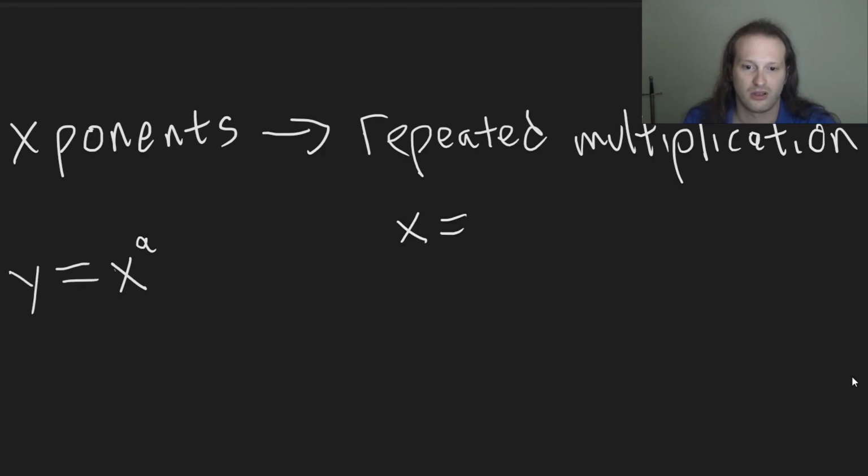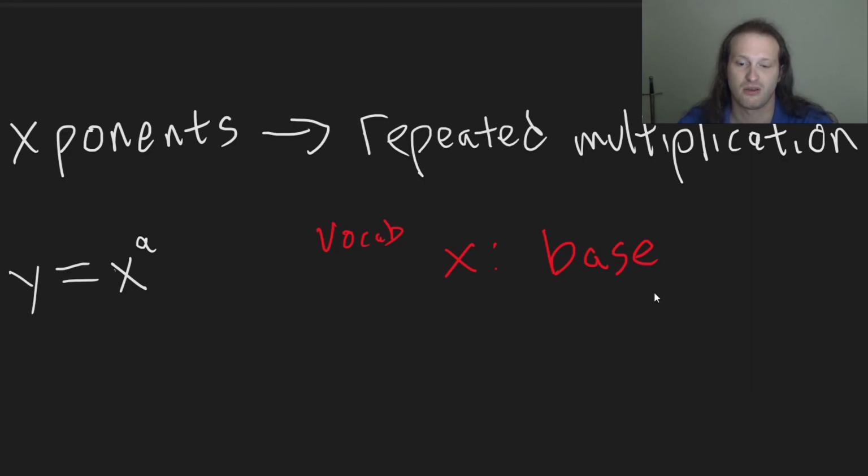I think for vocab words I'm going to put it in red. So vocab, x, which is the base. When we refer to the base of an exponent, it's the number that's being repeatedly multiplied by itself. We have a, which is itself the exponent, and then y is just the outcome of it.